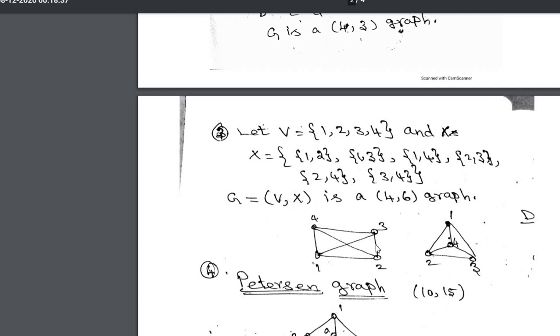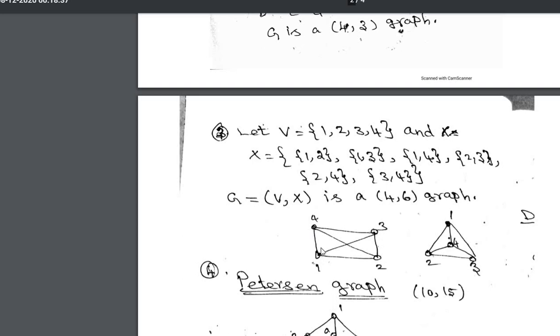Here any two distinct vertices are adjacent. 1 is adjacent to 4, 3, 2, because we have the lines joining 1 to 2, 1 to 3, 1 to 4. If you concentrate on 2, it is again adjacent to the remaining 3 vertices. 3 is also adjacent to the remaining 3, and 4 is also adjacent to the remaining 3 vertices.